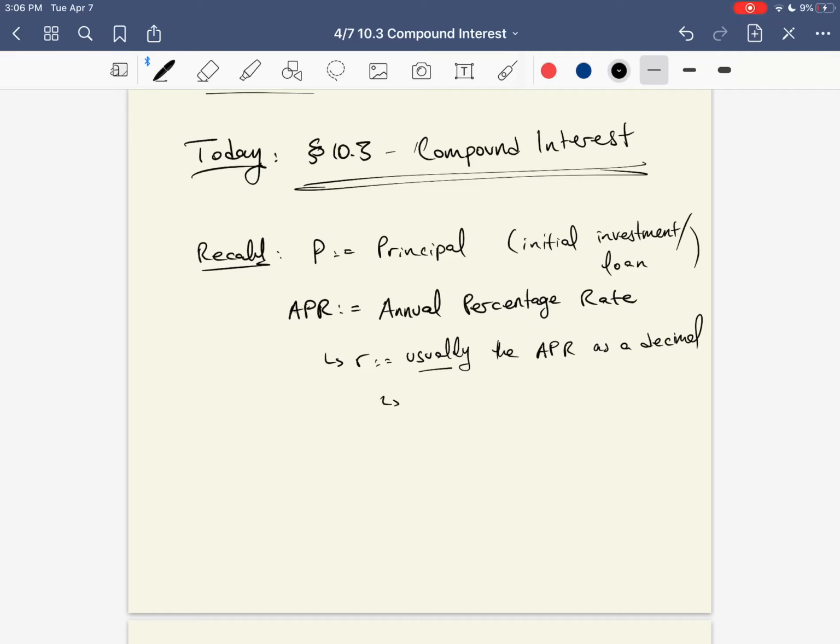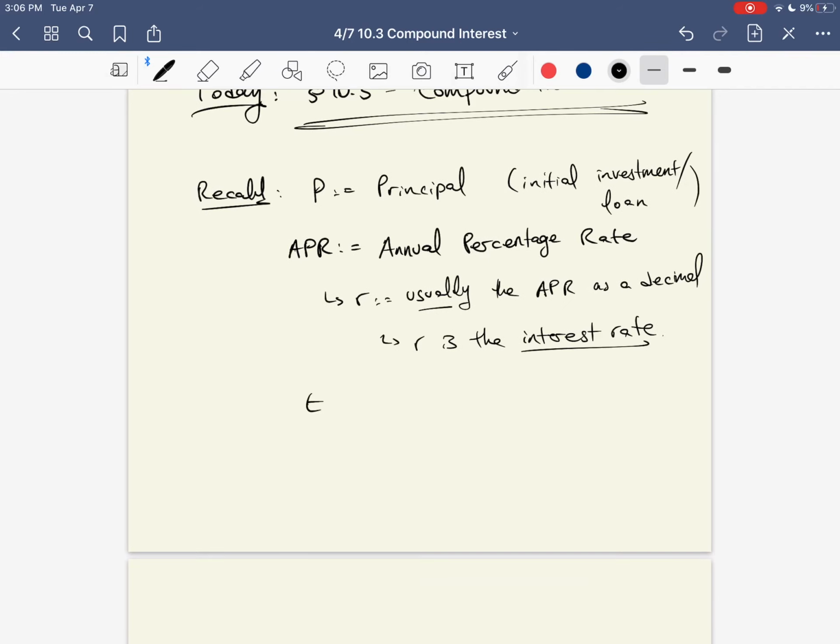In general, R is the interest rate. So we'll be using that again today. And T, remember, is the term of the loan or investment. And T we were measuring in years.